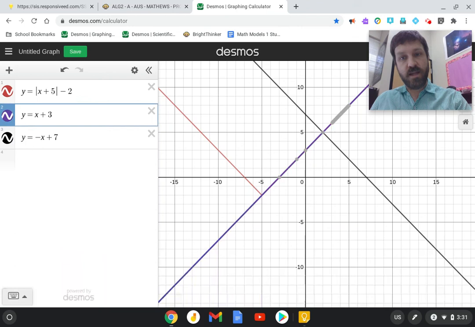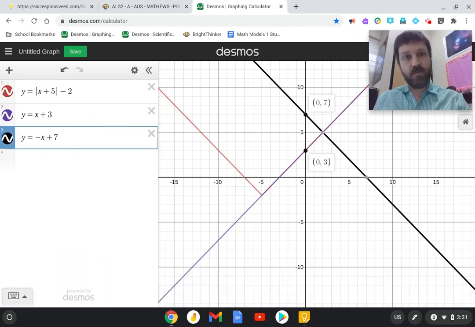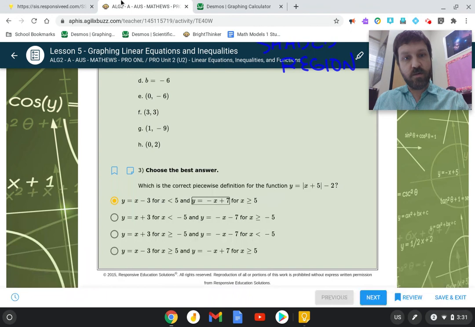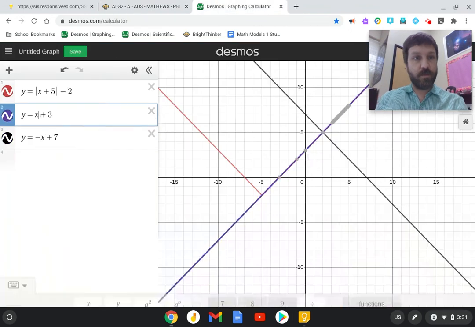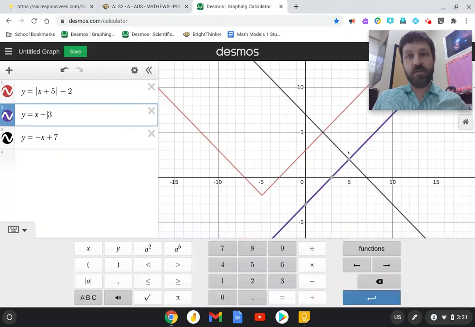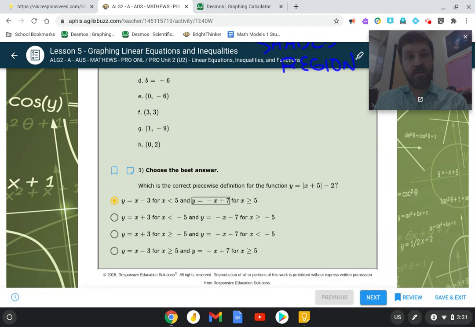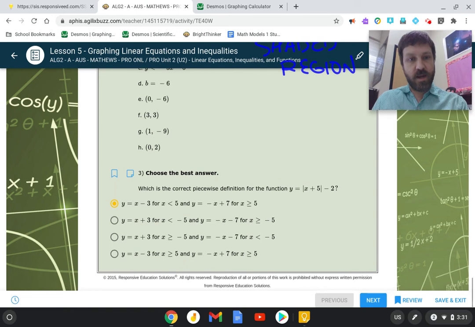So this purple line does match with what you see in red, but the black line doesn't fit. So answer choice A doesn't work. I messed up typing it anyway. Those definitely don't match. So we know that neither x minus 3 nor negative x plus 7 works. So automatically I can eliminate answer choice A and I can eliminate answer choice D.